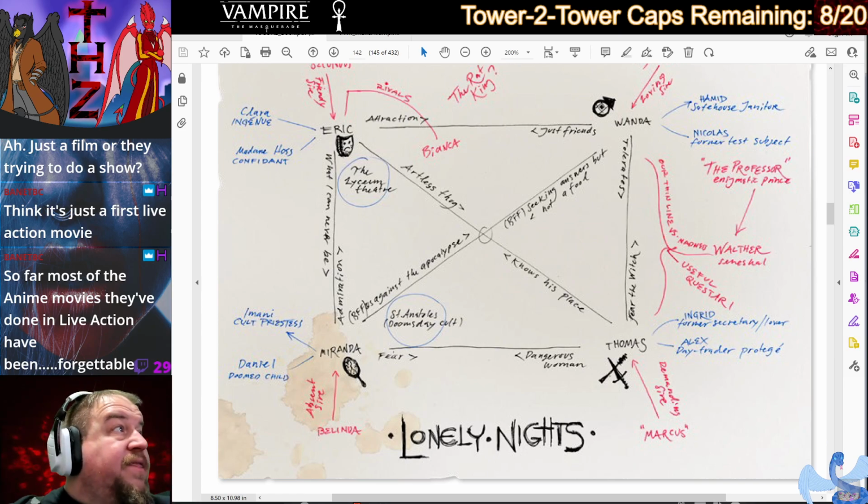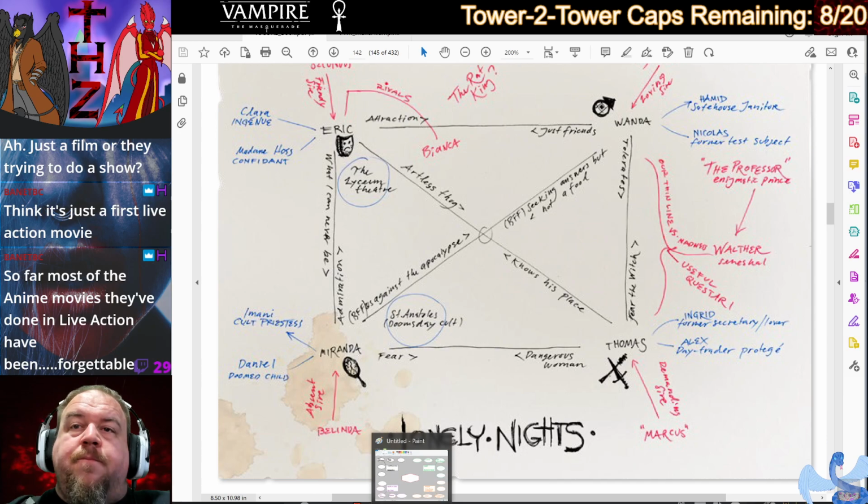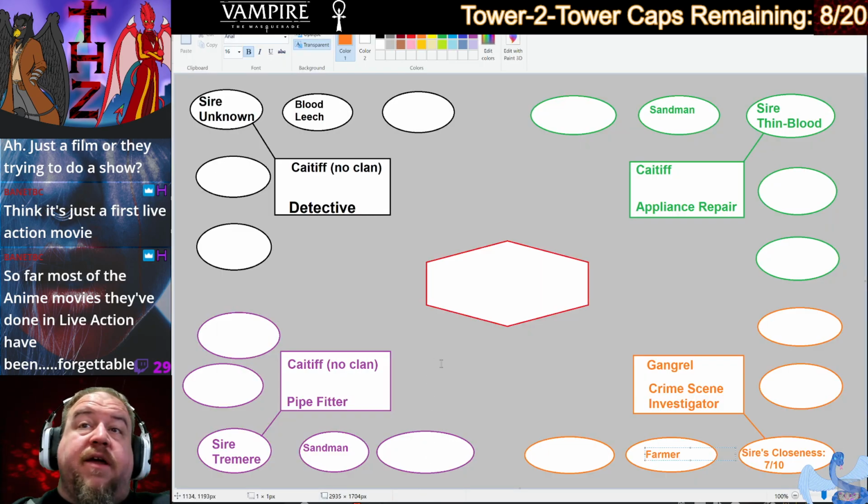Now we see that in the connectivity between Miranda and Thomas, Miranda fears Thomas. Thomas considers Miranda a dangerous woman. And that's what you can start doing here as well.